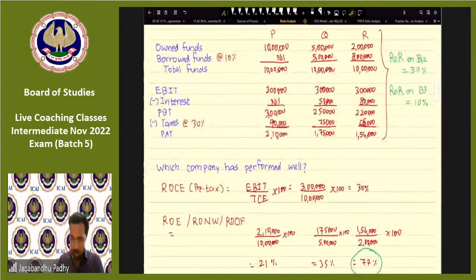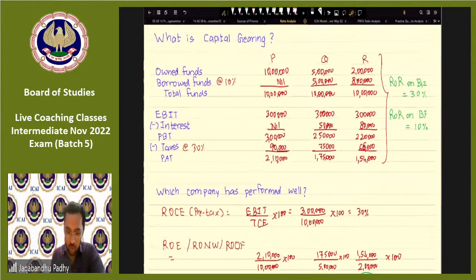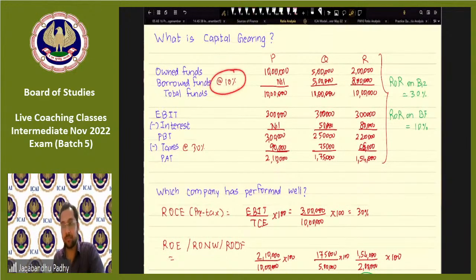See, earlier, the business which these three companies were into was giving 30% return, right? Whereas the funds that we have borrowed were carrying an interest of 10%.